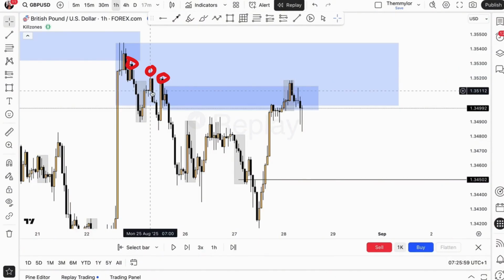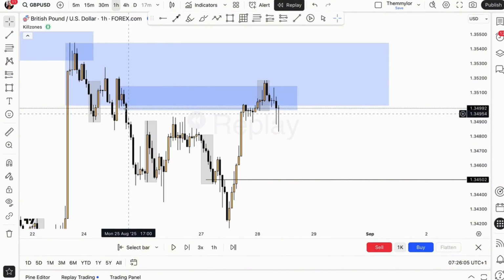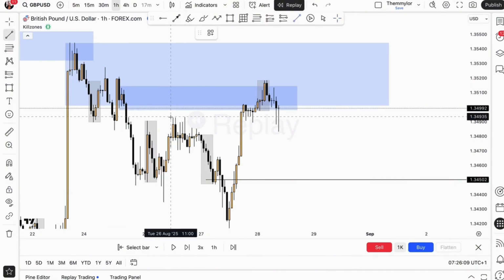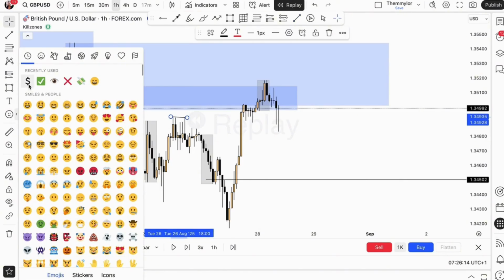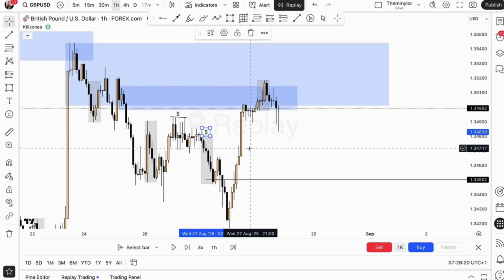Okay, this particular supply zone mitigated. The only zone that we have left is this supply zone and a little imbalance right here. Also, we can see we have a little liquidity above here and right there, and another liquidity of the Asian range high right there as well.